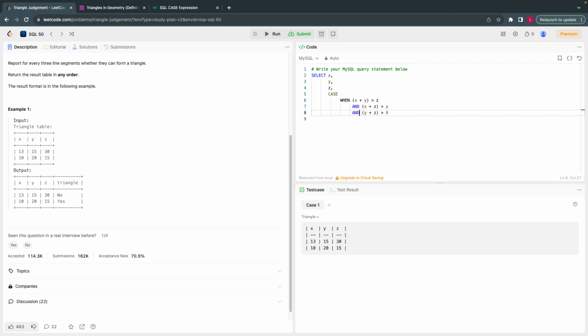If this condition matches, then it is a triangle. So I'll write 'Yes'.